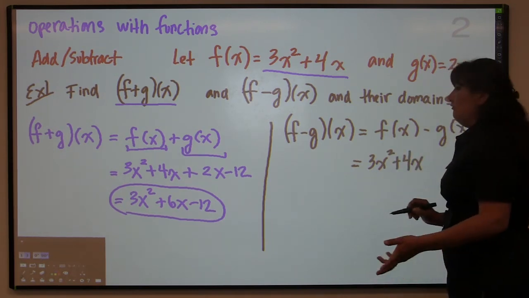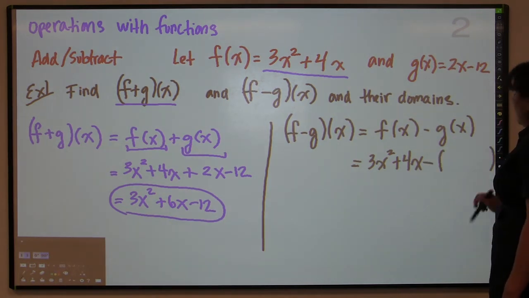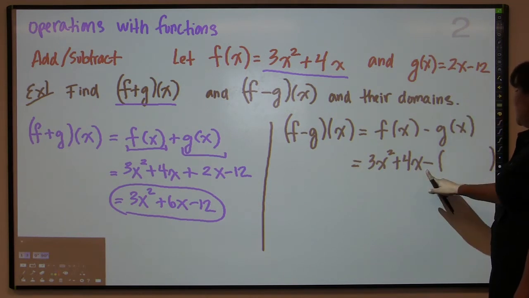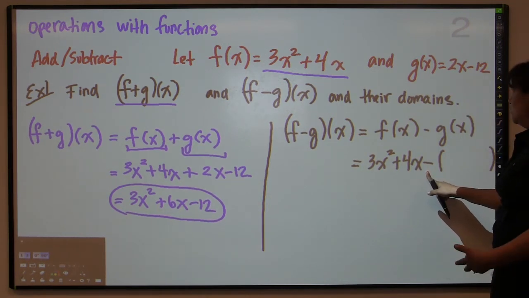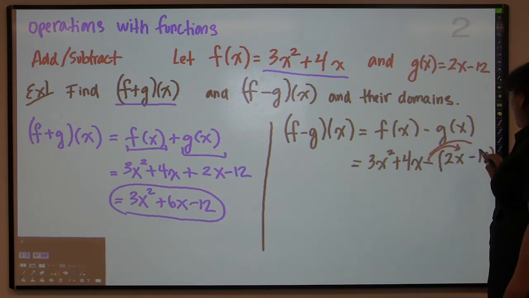And then you have to be really careful, this is where students might make mistakes, is to distribute this negative. Okay, so this is minus g of x, and since g of x has two things in it, this negative needs to apply to both of them. So the easiest way to avoid making mistakes is to use parentheses and to distribute that negative to both of them.